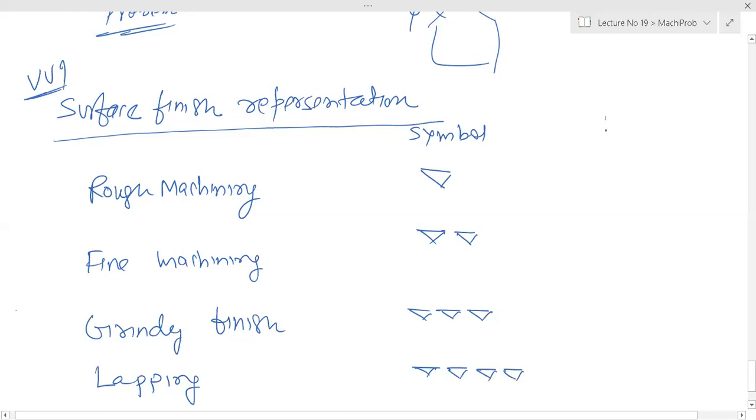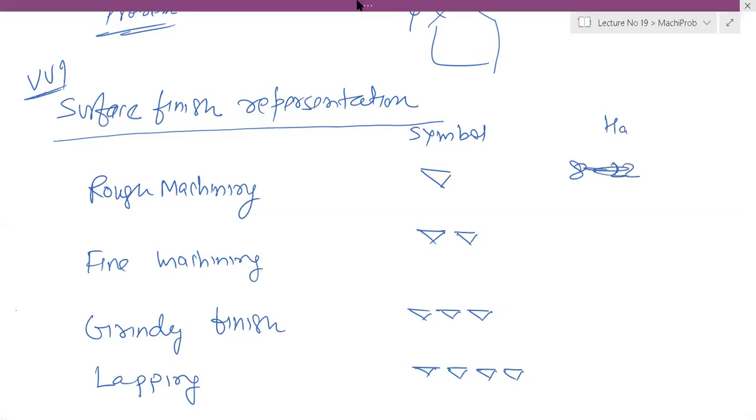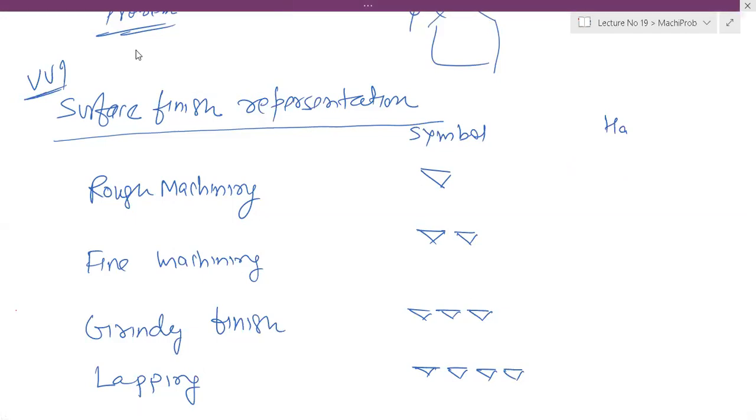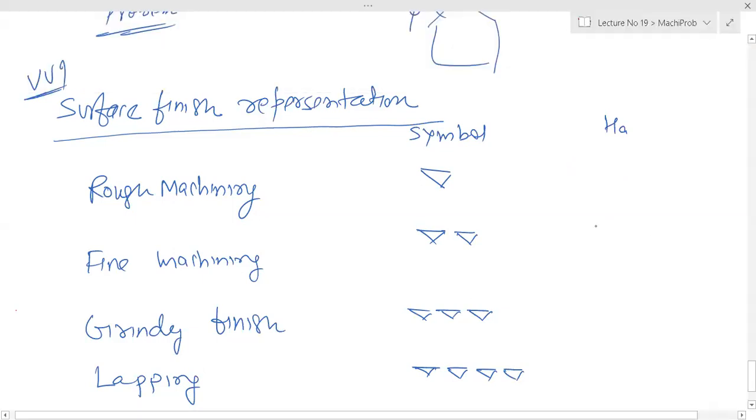And this is the average Ra value: 8 to 25 micron, this is your 1.6 to 8 micron, this is 0.025 to 1.6 micron, and this is your 0.025 micron.